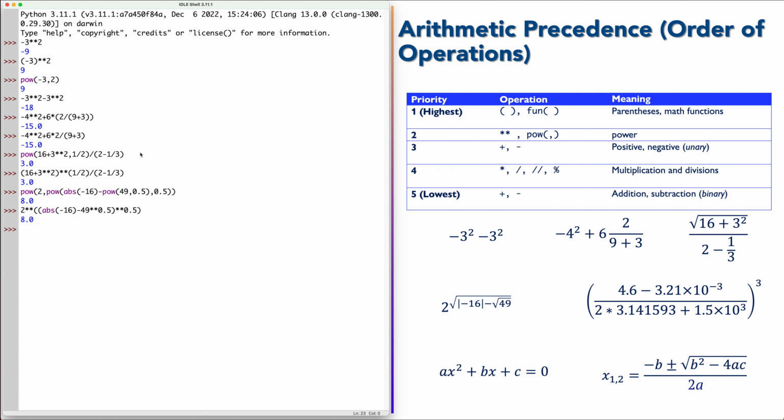Now the next one is using the exponential of 10. And this will be the value.